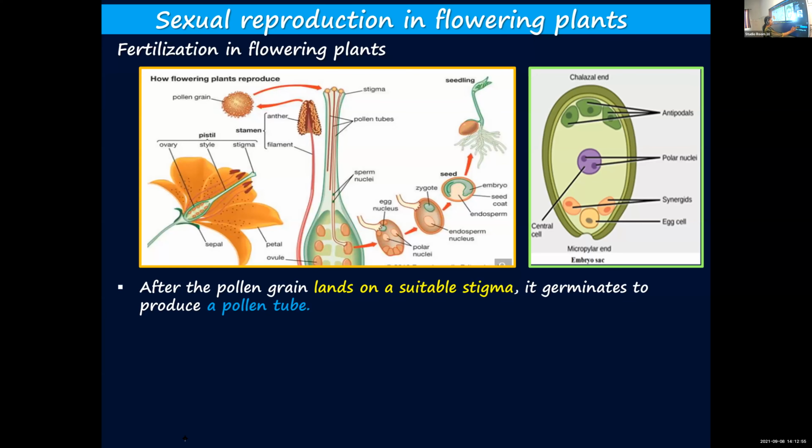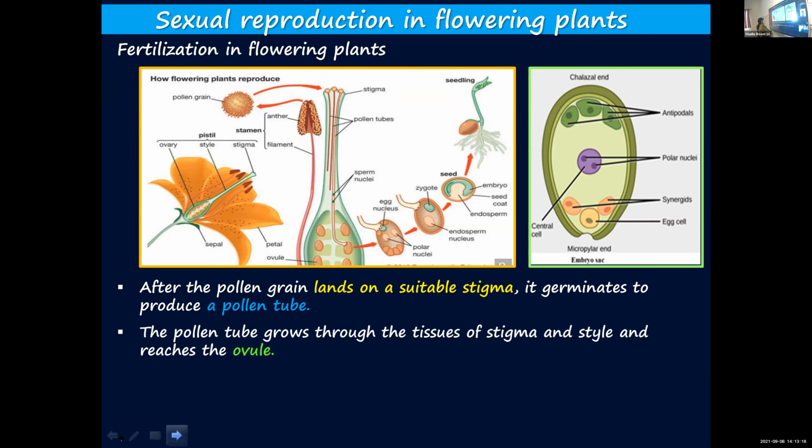Once the pollen grain lands on the stigma, that process is pollination. We already learned pollination is the process by which pollen grain lands on the stigma. And where is the egg present? Egg is present inside the ovary, inside the ovule. Okay. So pollen grain, children listen carefully.